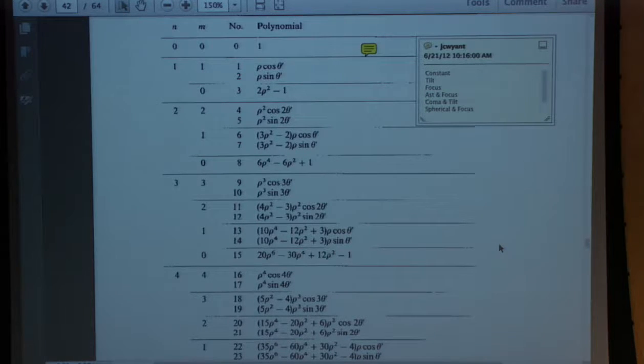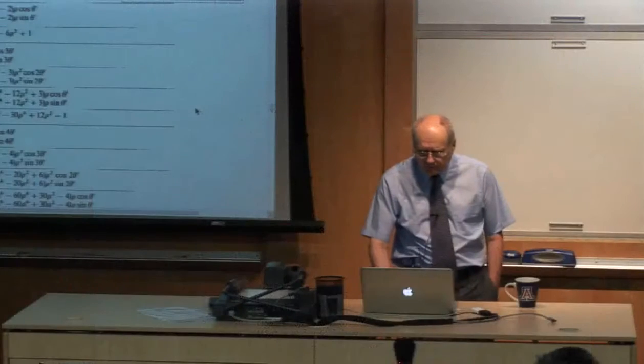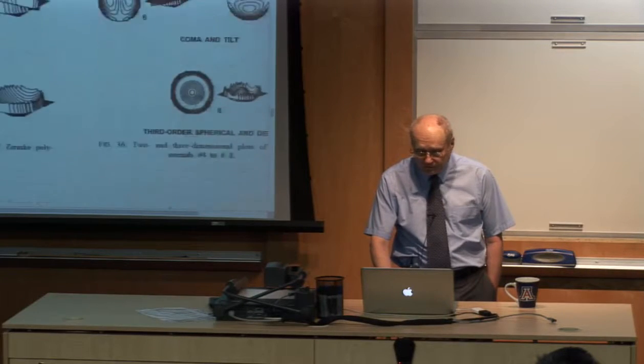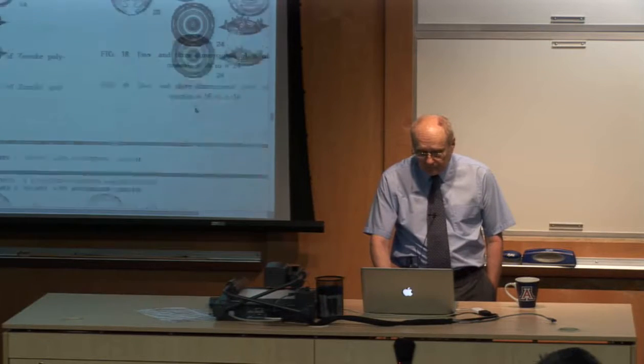Yes? If you have the error based on the normalized way where you get the RMS error from the coefficients, is there any trick to that where you could generate the overall RMS error based on all those without having? Yeah, that's a good question. I'm sure the answer is yes, but I don't know just exactly how to do it.